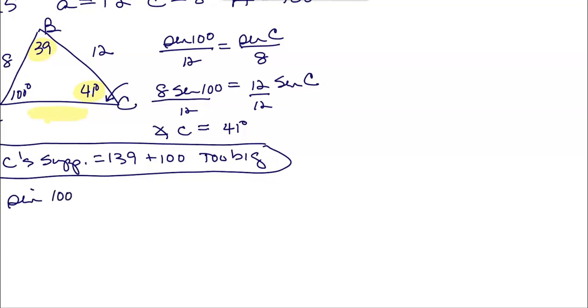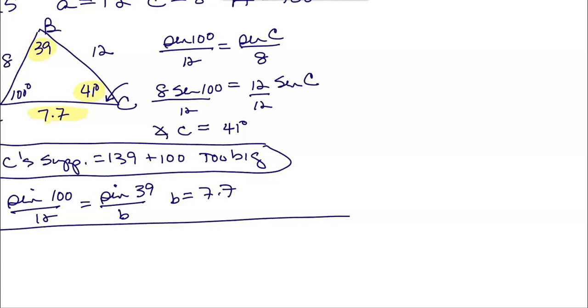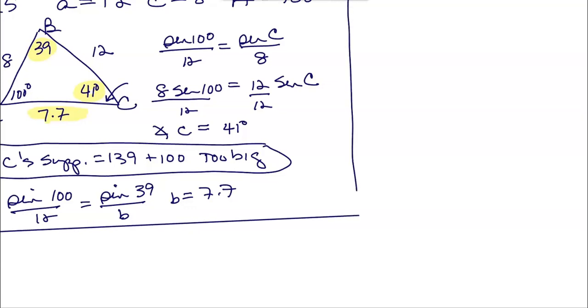Sine of 100 over 12 equals the sine of 39 over little b. And you will get little b to be 7.7, and you have solved for the triangle, and you did not have a situation where you had more than one triangle or a situation where you had no triangles.